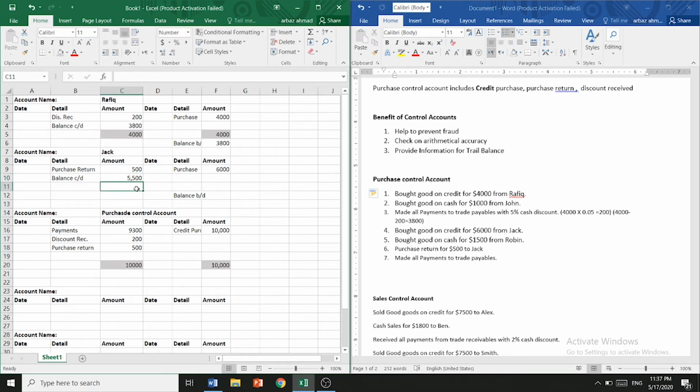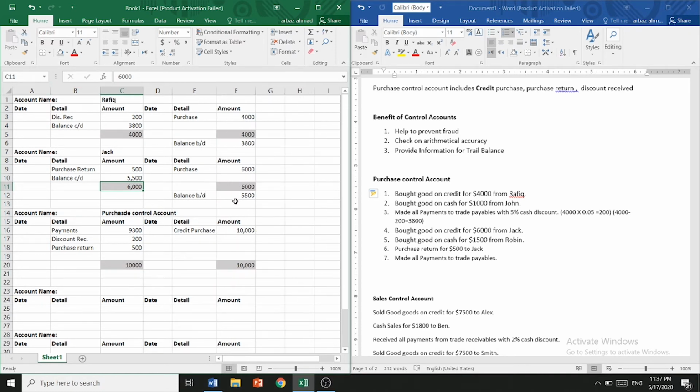Okay, and the total will be 6,000, and in this case also the total will be 6,000, and the balance brought down is 5,500. So I am going to highlight these two amounts because this is the total, so it's more clear. Okay, so now better, I guess.